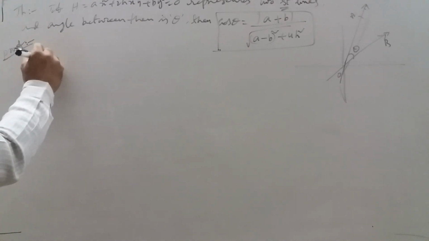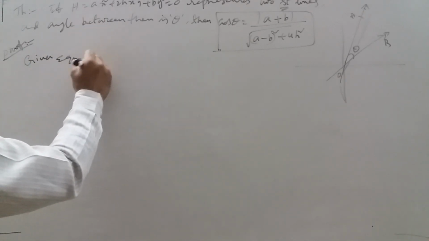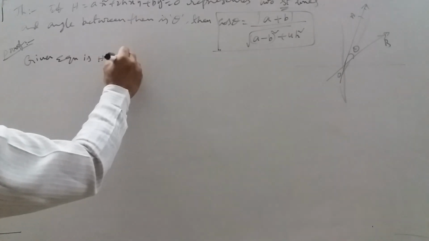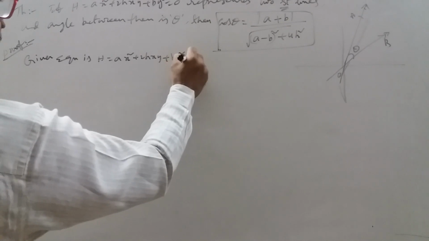Given equation is ax square plus 2hxy plus by square is equal to 0.